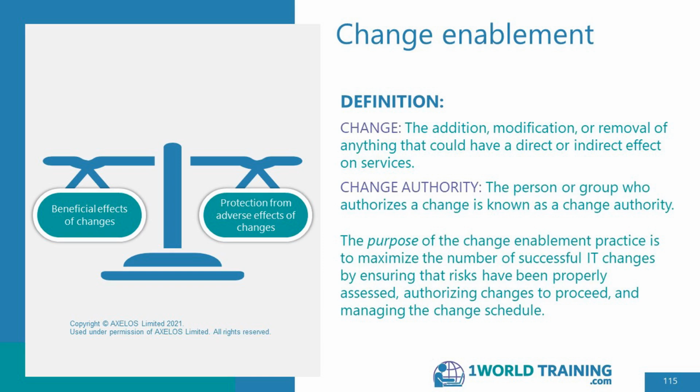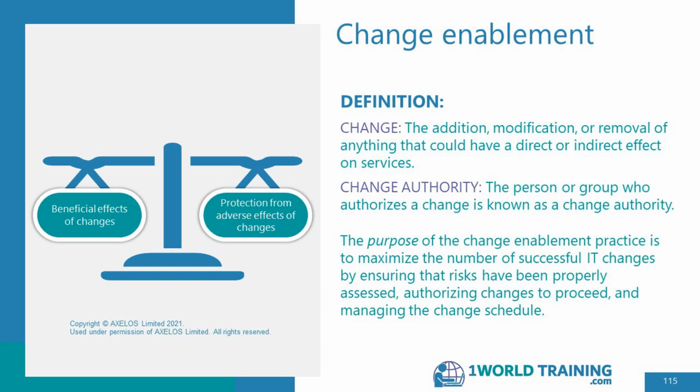There's a couple of definitions on this slide. A change is the addition, modification, or removal of anything that could have a direct or indirect effect on services. So almost anything. It could be documentation, people, suppliers, contracts, technology, anything. And somebody who authorizes a change is known as a change authority.